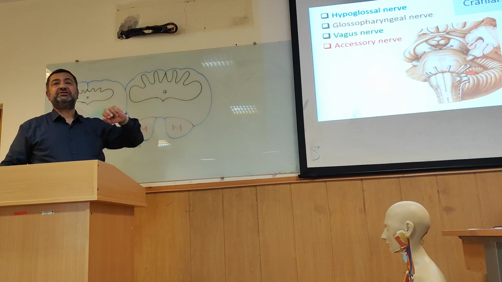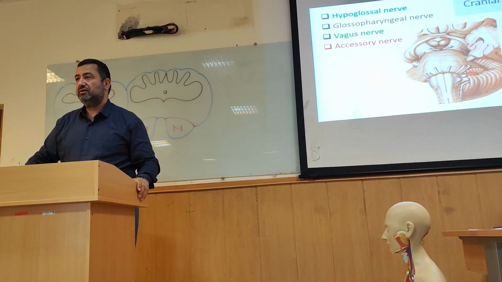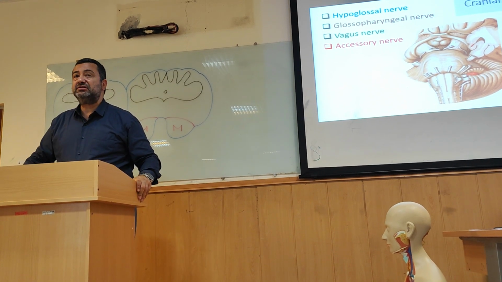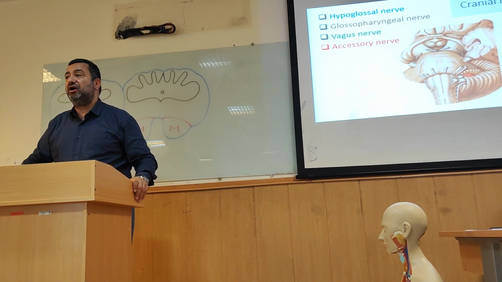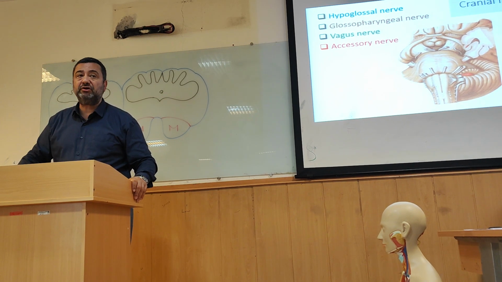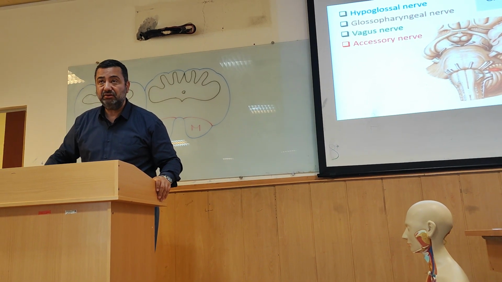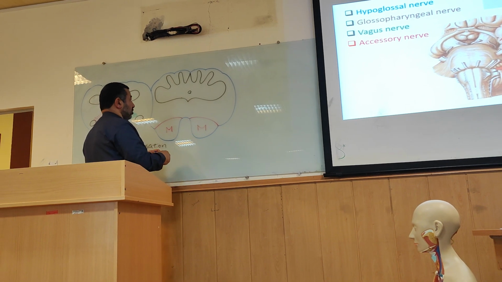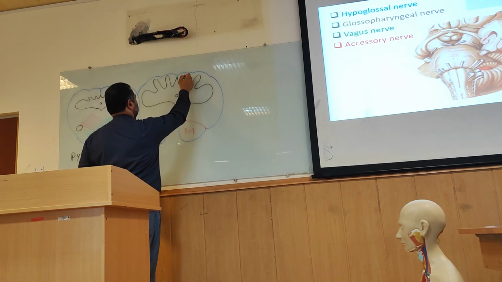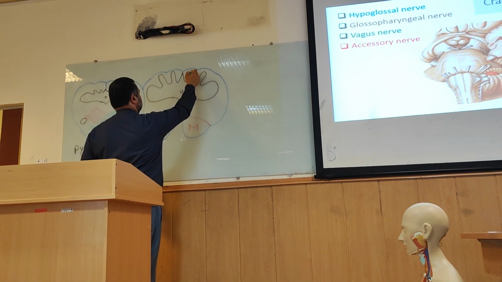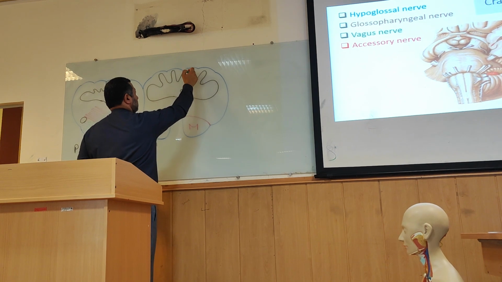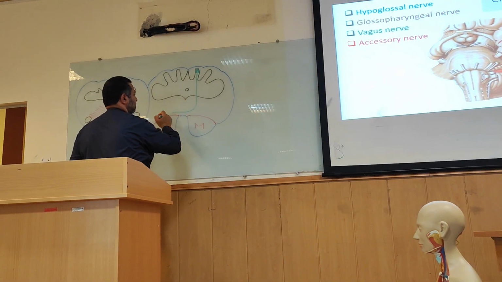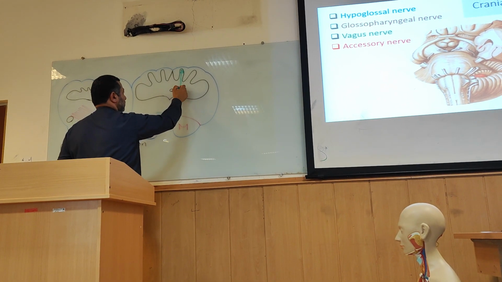When I tell you this is gracilis nucleus, you told me gracilis nucleus is a collection of cell bodies of neurons for a specific function. Neurons of gracilis nucleus here go anteriorly and then turn to the opposite side here.